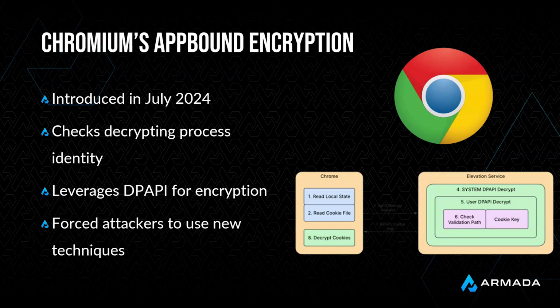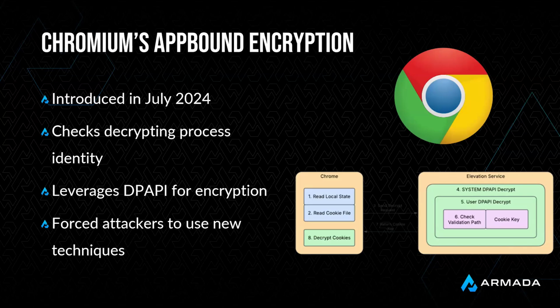Firefox is notably not a Chromium-based browser. Basically, it changed the way Chrome does encryption with its cookies and logon passwords. Chrome, the process itself, no longer does the decryption because it passes it off to a Windows service.